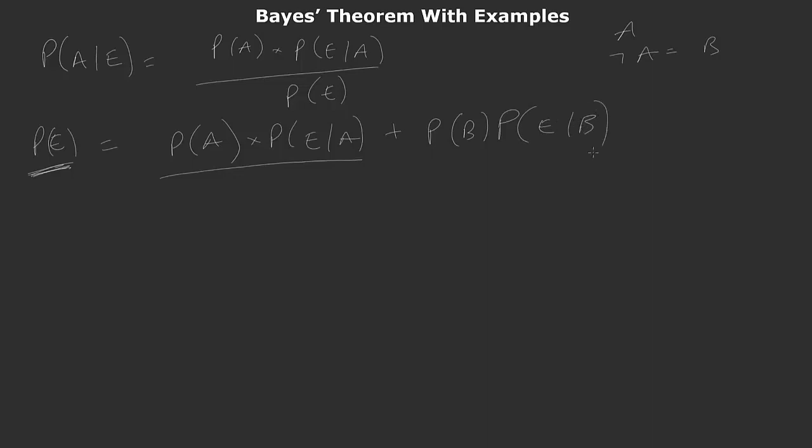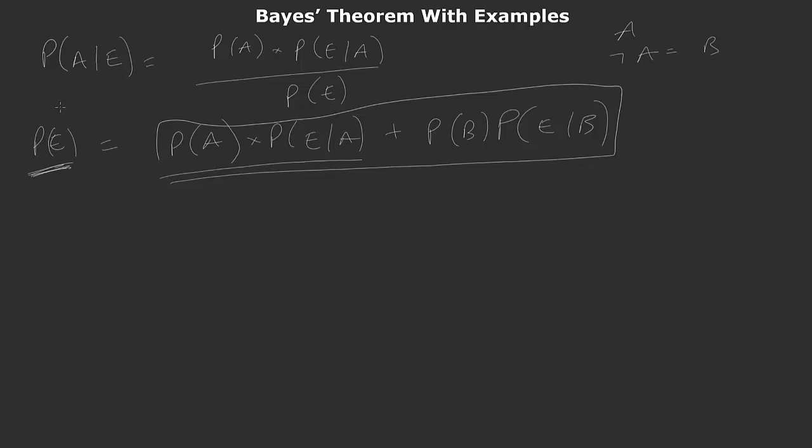You can easily derive it from the conditional probability. I'm not going to go into the derivation, but this is how you can represent the marginal probability of E. We will get to understand it better later.